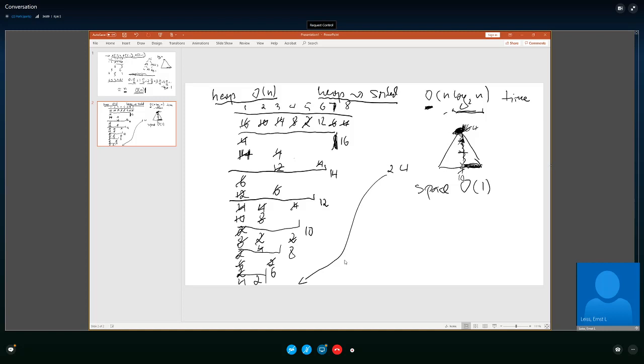And then we have n elements for which that could happen. That means that we have altogether a time complexity of n times log n. Does that make sense? Okay, any other questions?